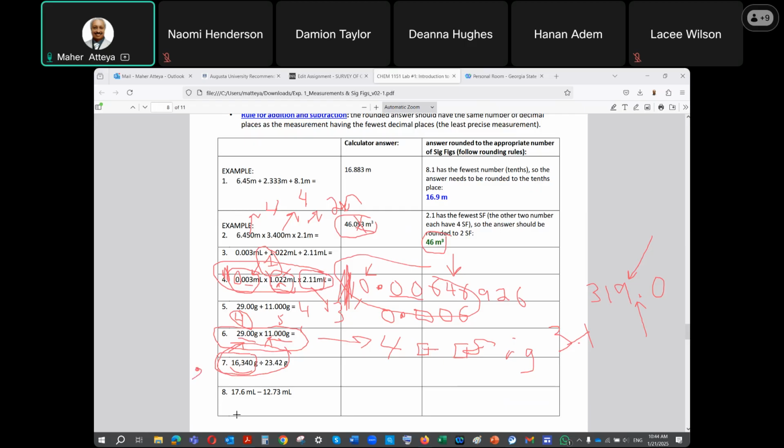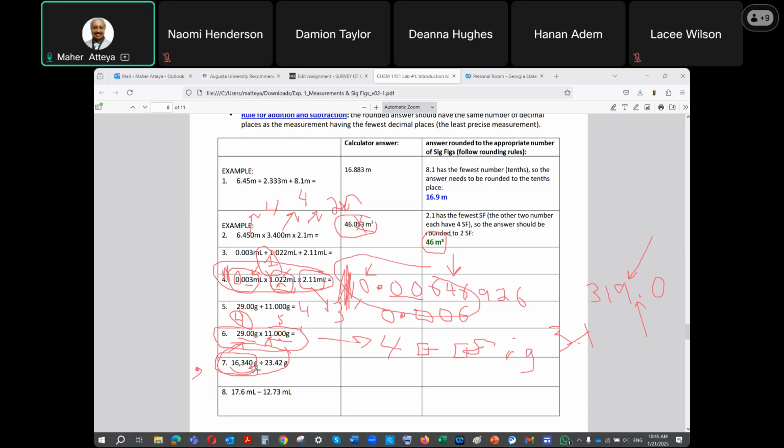A comma is telling me if the value is in the hundreds, or in the thousands, or in the millions, or in the billions. So here it is telling me the value is in the thousands range, 16,000. But there is no decimal there. So the last 0 is not significant.